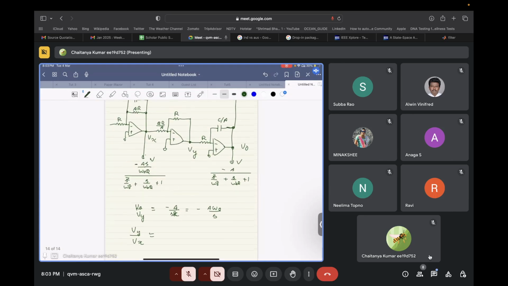Vy by Vx is equal to, based on this, minus R by minus QR by A, and that is equal to minus of A by Q. Correct?